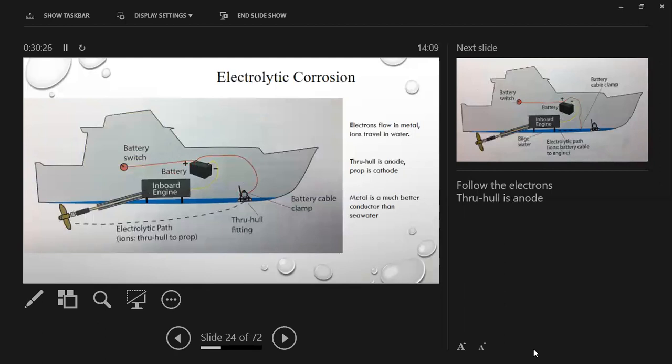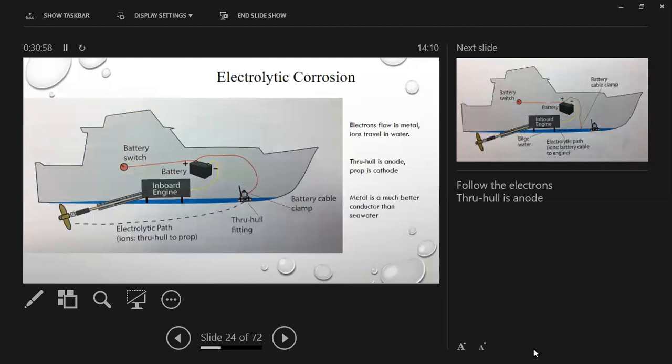As those electrons leave that bronze through hull, that kicks off positive metal ions into the electrolyte, the seawater, and by definition, that's corrosion. If there was no flowing water on this boat, you'd start seeing a little brown cloud of positive metal ions coming off this bronze through hull.